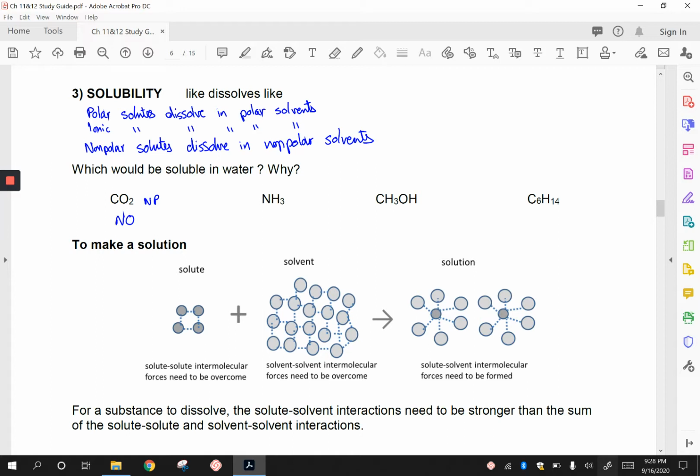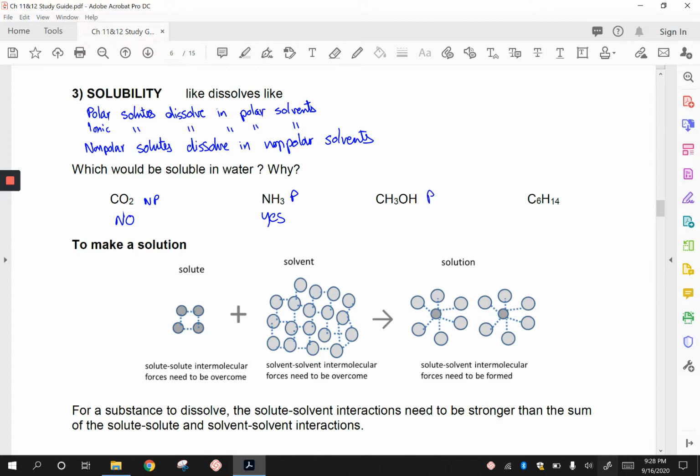In this lesson, we're going to talk about what these interactions are called and which ones are strong, which ones are weak, and all that. But for now, we're just giving a simple yes or no. Ammonia is a polar substance, so that will dissolve in water. Again, for now, we're just going to say because the interactions between the ammonia and the water are going to be strong. We'll name what those interactions are in a second.